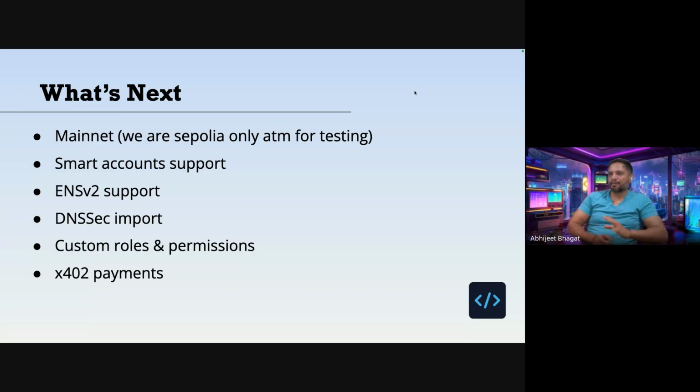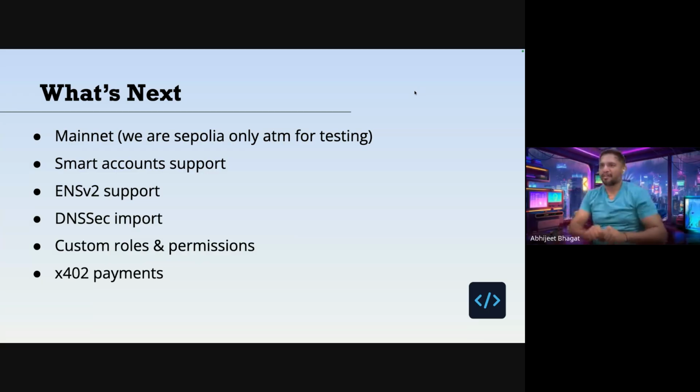And then the fourth option, which we are yet to add to Enscribe, is the smart accounts or smart sessions. With this, you should be able to have fine-grained control over your naming transactions.